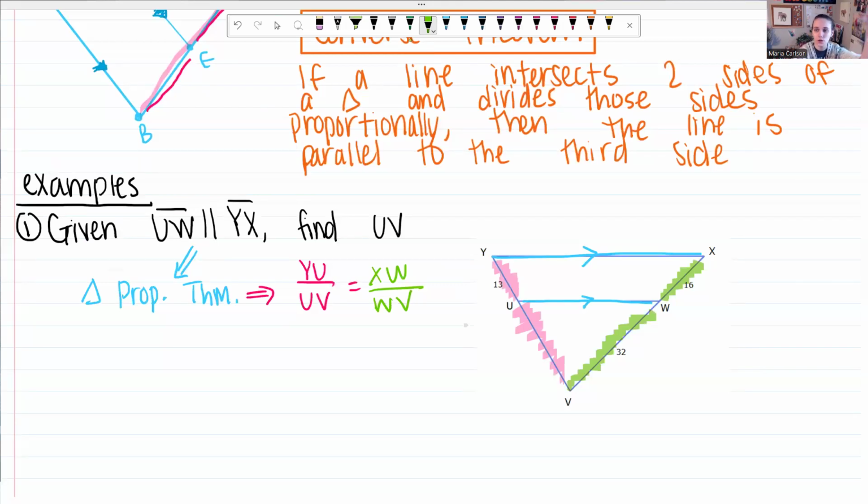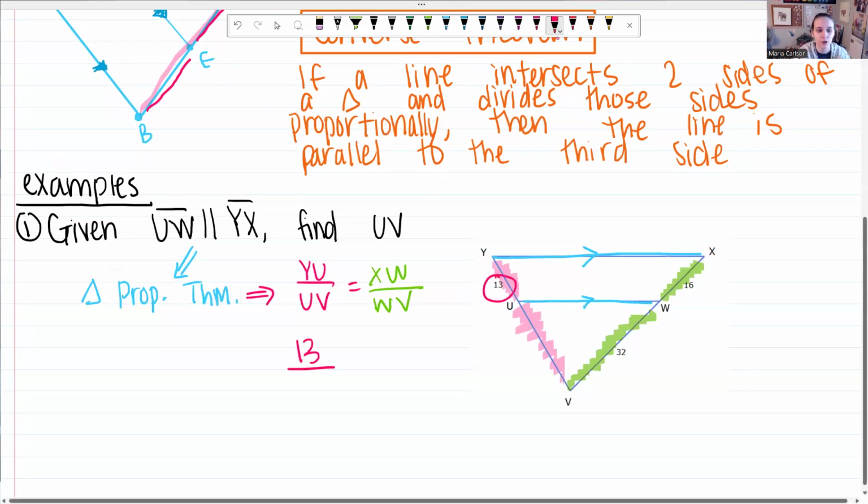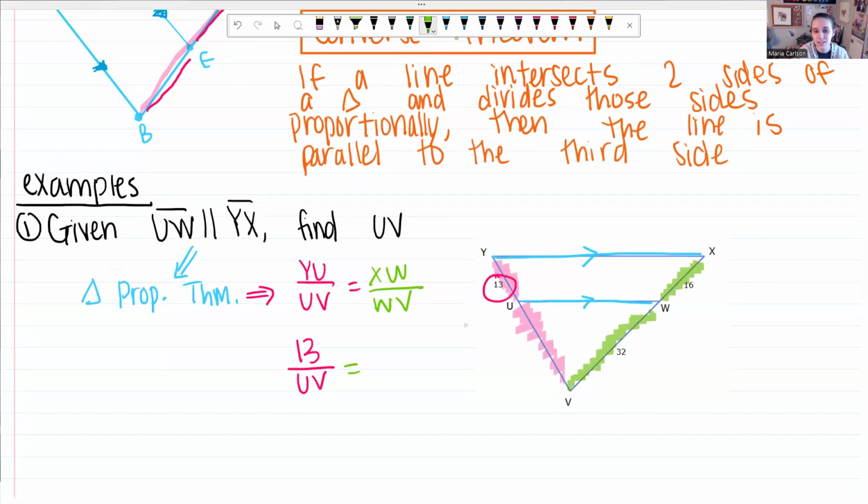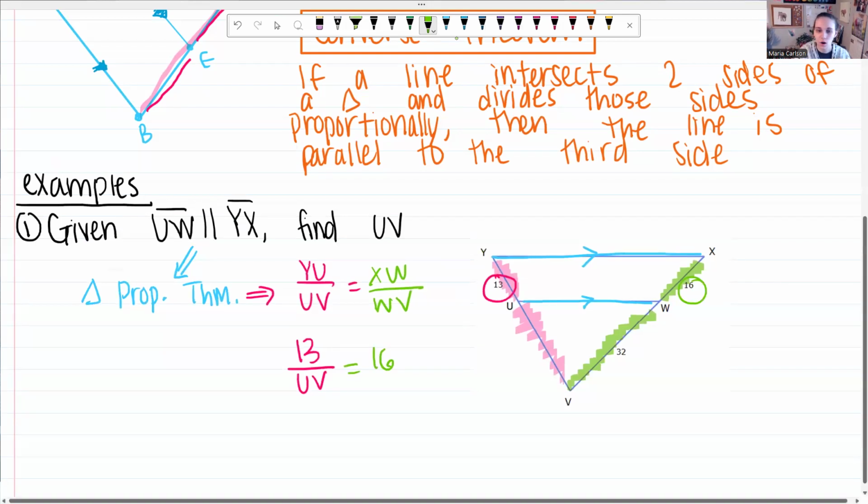The YU over UV is equal to XW over WV. And we can fill in now all of the pieces that we know. YU is 13. So I have 13 over this unknown length of UV. And that is equal to XW, which is 16 over 32.